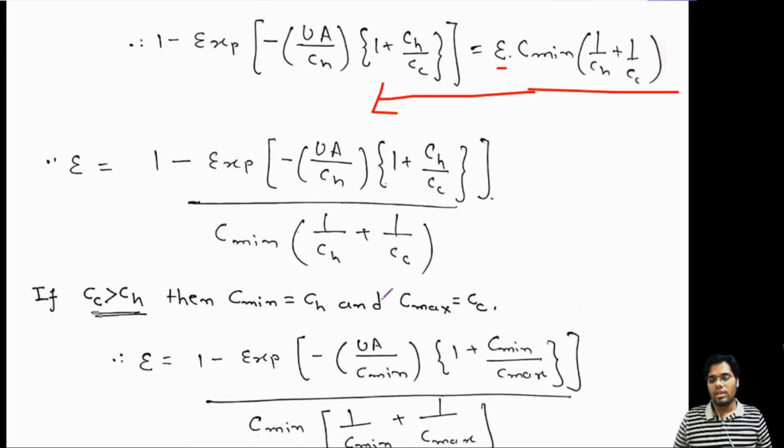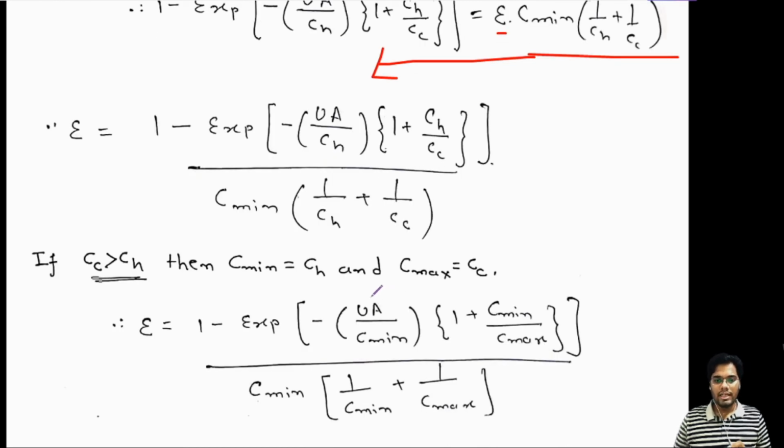Now we have two conditions. Either the heat capacity of the cold fluid is greater than the heat capacity of the hot fluid, or the heat capacity of the hot fluid is greater than the heat capacity of the cold fluid. We will understand both of the conditions. Let's take condition number 1, that our Cc, heat capacity of cold fluid, is greater than the Ch, heat capacity of hot fluid.